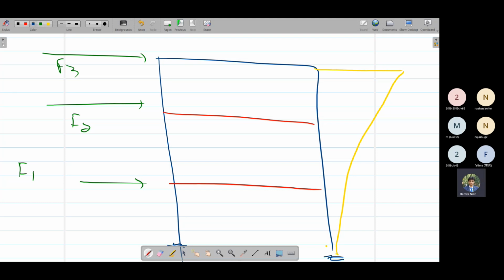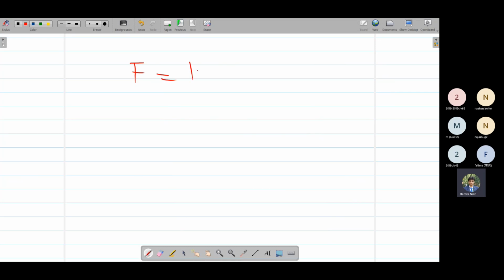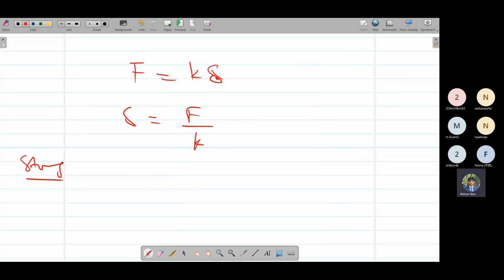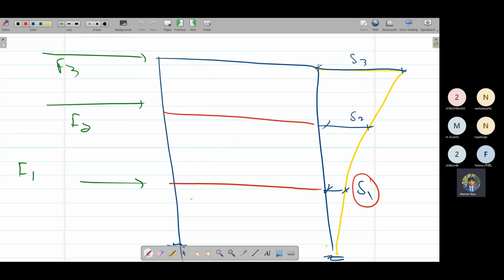At story level 1, we call this delta 1. At story level 2, we call this delta 2. And the third one is delta 3. These are deflections at the stories. For delta 1, we know the formula F is equal to Kx. Force is equal to stiffness times displacement. So displacement would be F over K. What would be the total force acting on story 1?